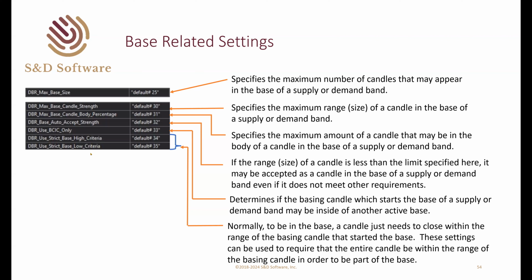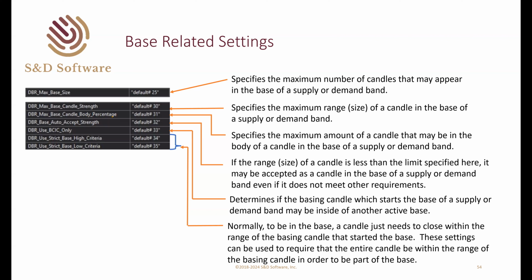So this setting here, the max base candle body percentage, allows you to place a limit on how much of a candle in the base can be in the candle body versus the wicks.